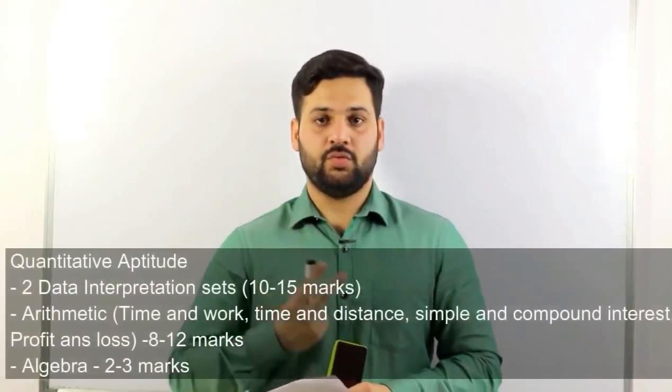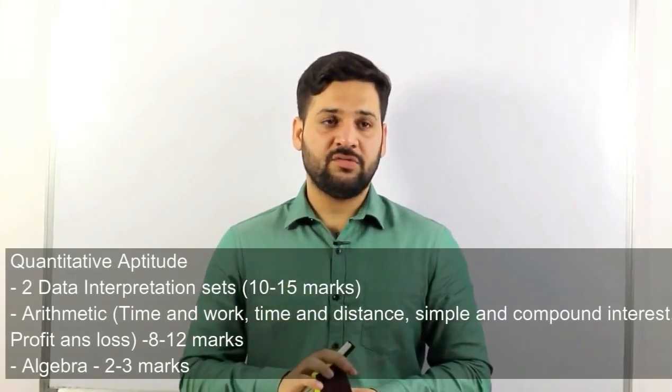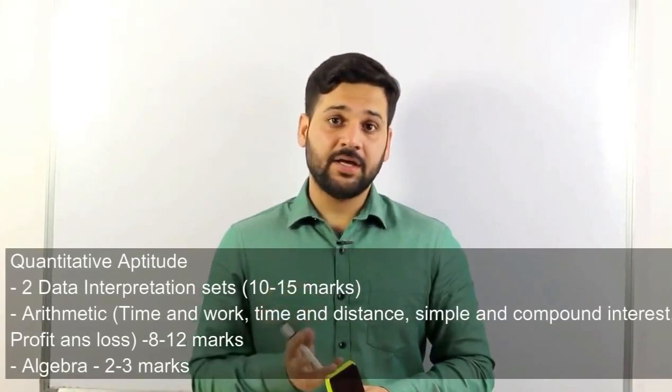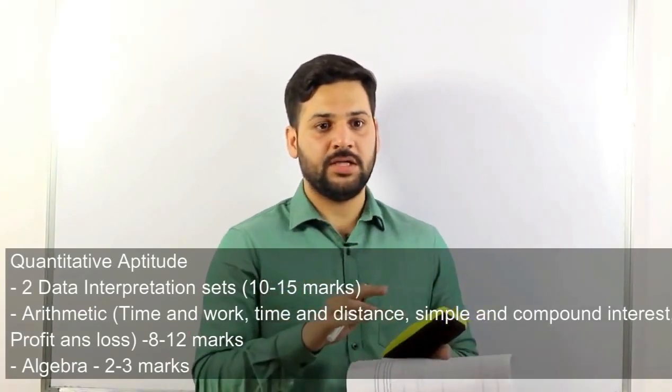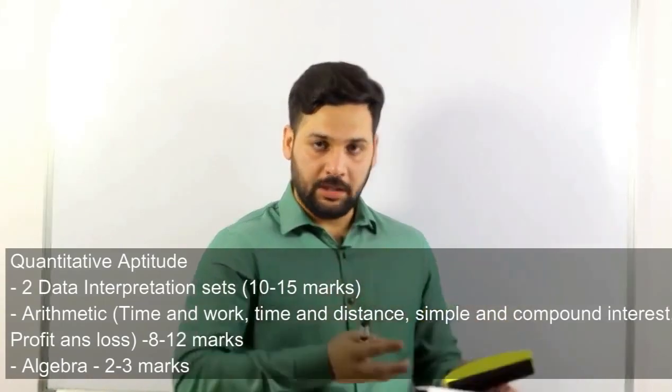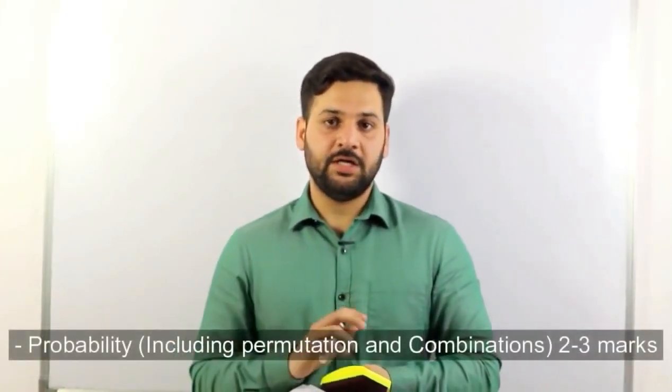In the 35 questions, you will see 2 data interpretation sets, 5 marks each. Most of the time it is a double diagram. One set will be a double diagram, there will be a pie chart, and then a histogram or a table. That's the most common data interpretation part.